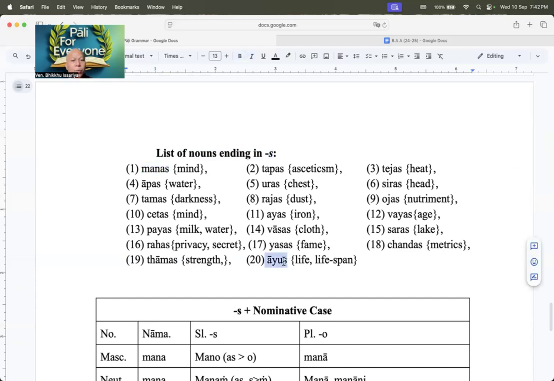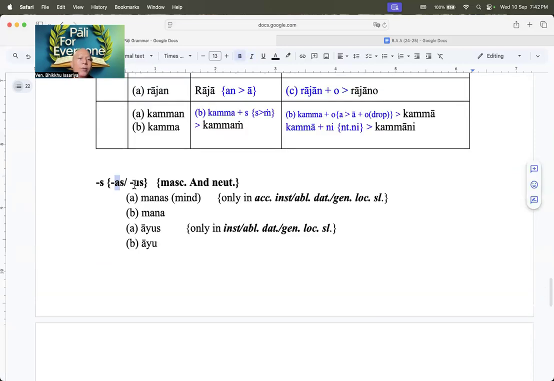So that is why the as ending and the us ending can be noticed. Now, all of them, manas with the sa, that is a stem, and mana without. So ayus with the sa, a u stem, but ayu without sa.